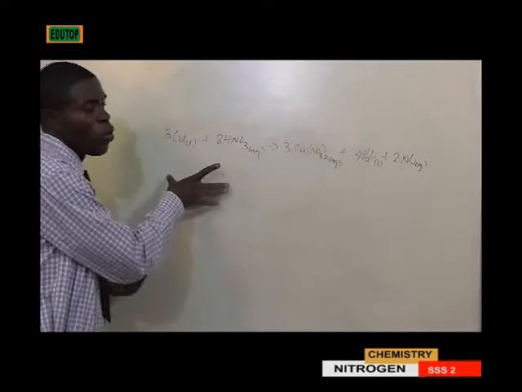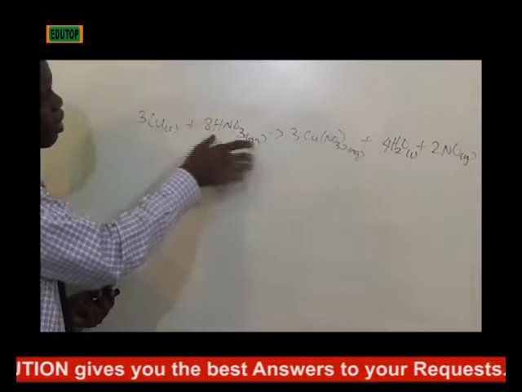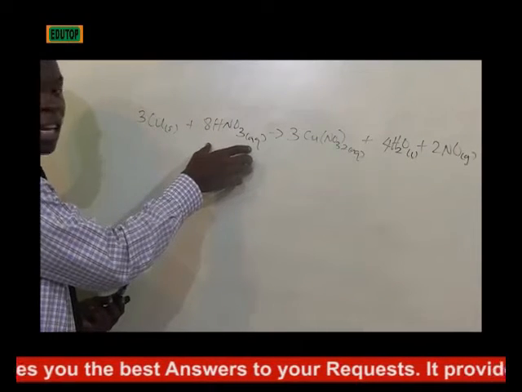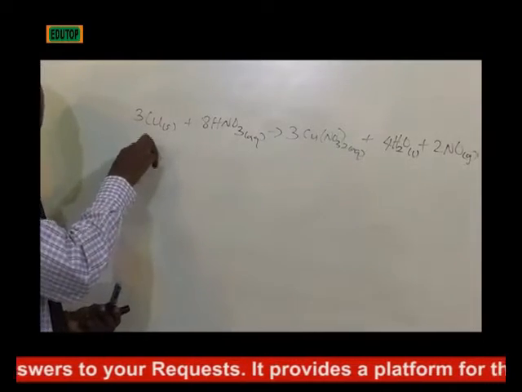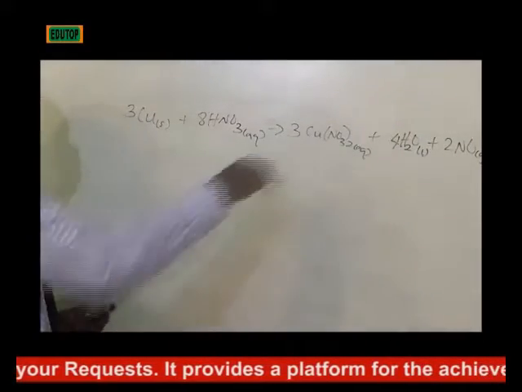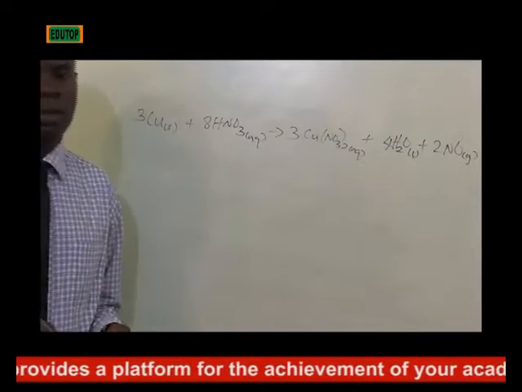So this is the equation of the laboratory preparation, where concentrated HNO3, as is trioxonitrate 5 acid, reacts with copper to give nitrogen 2 oxide as one of the byproducts.